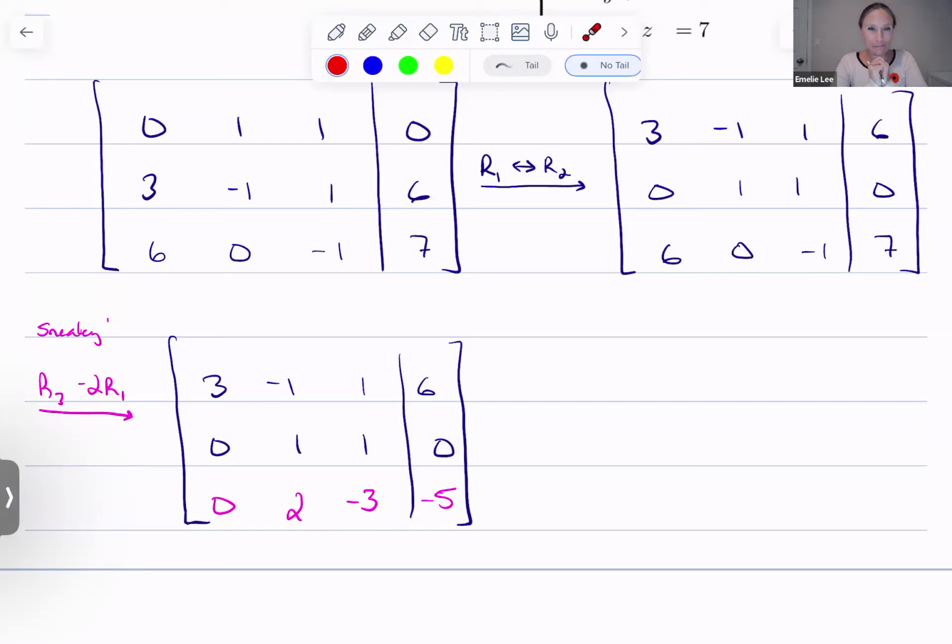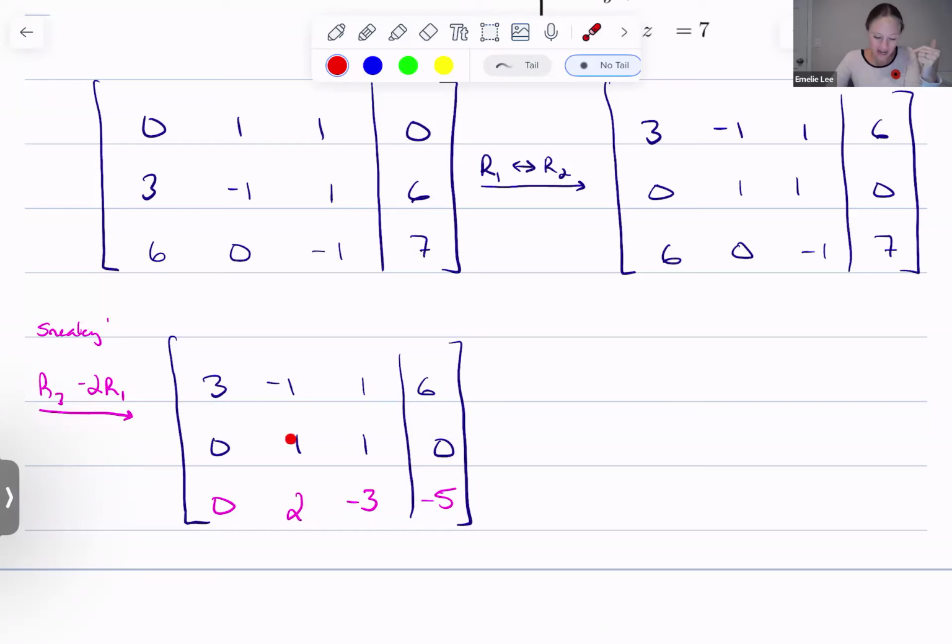I'm going to hold off on turning this into a 1. I can hold off for a little bit, right? Until I've turned this into 0 and this into 0. Then my final maneuver might be to turn this into 1, right? Because I do need it to be 1 to find the solution for x. But when I do it is kind of up to me.